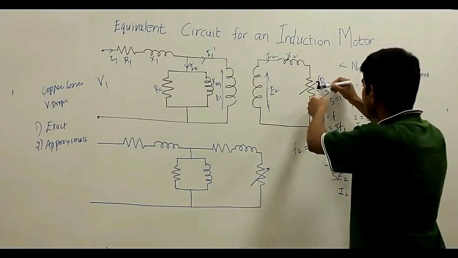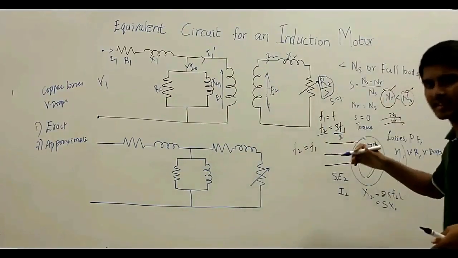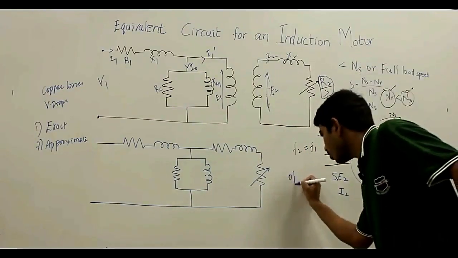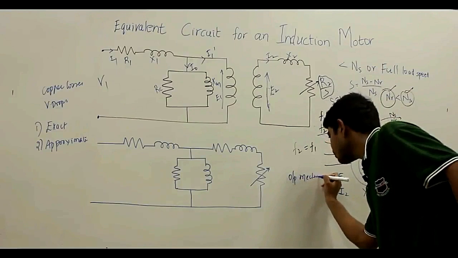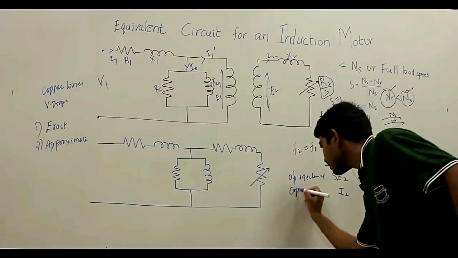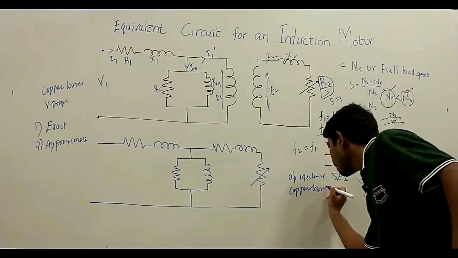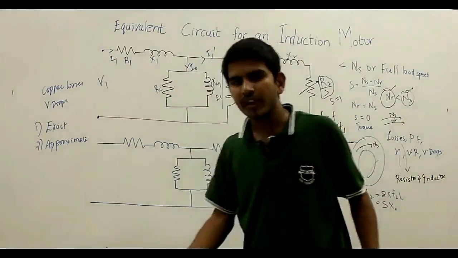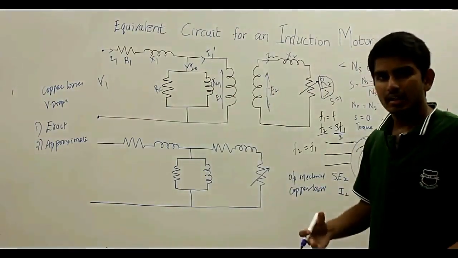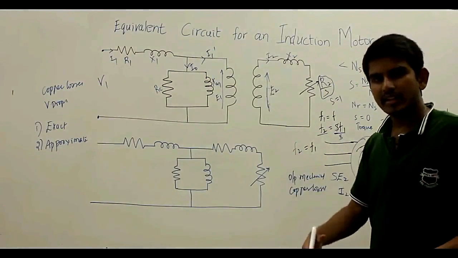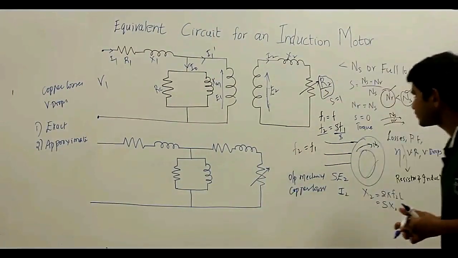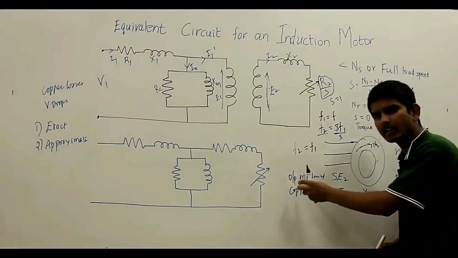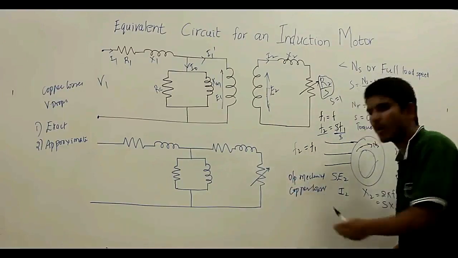So for R2 by S, the power dissipated in this resistor R2 upon S includes the output mechanical power and the copper losses. In the transformer, we have seen that the secondary winding is connected to an electrical load. But here, R2 upon S includes the output mechanical power as well as the copper losses.